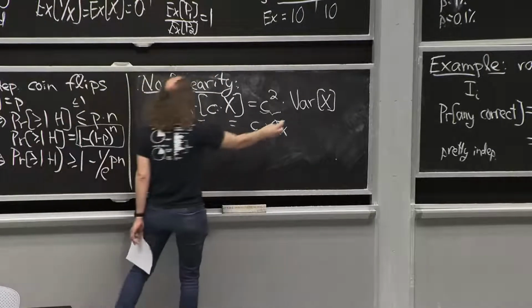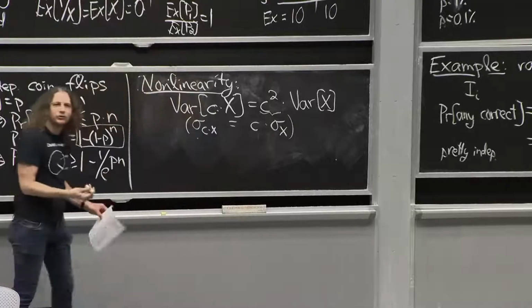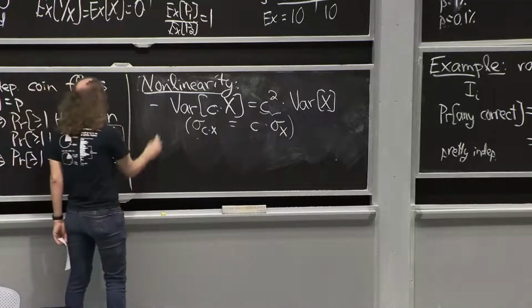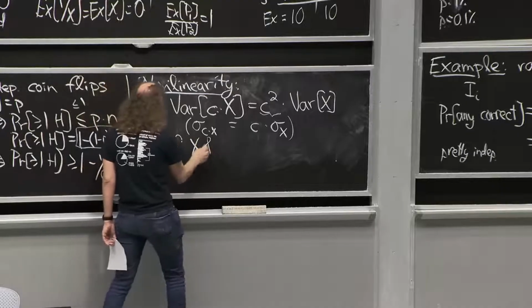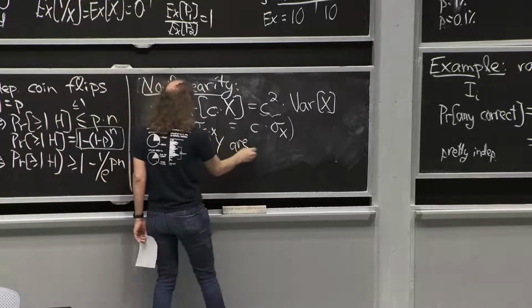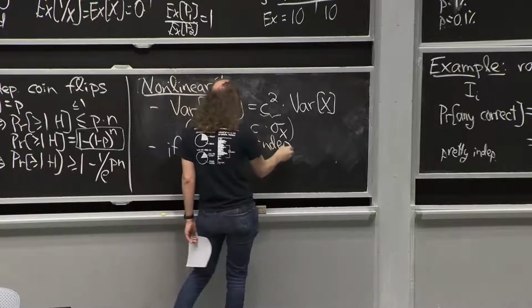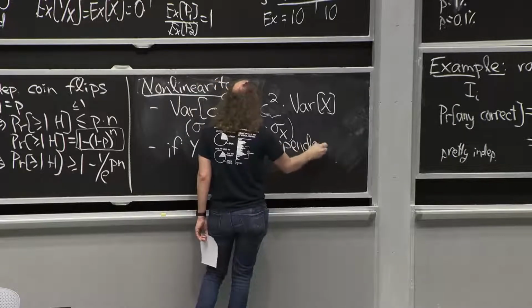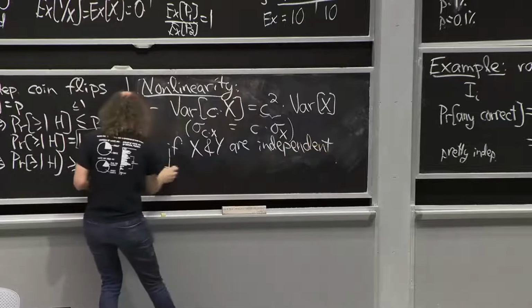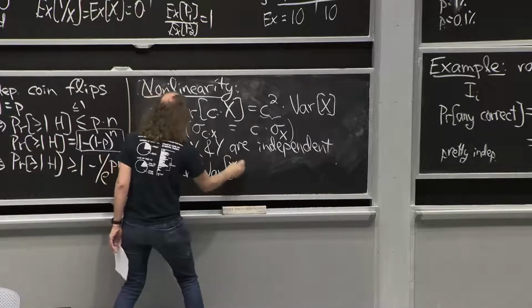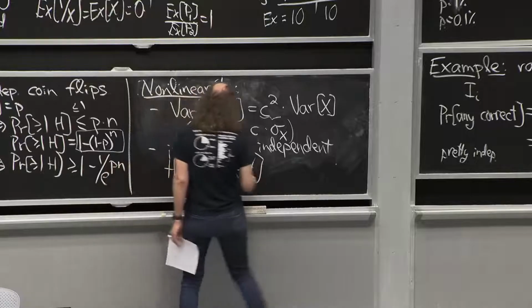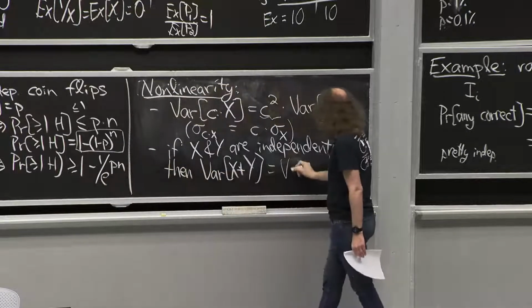OK, cool. But what if we add two random variables? Here, unfortunately, we need independence. So if x and y are independent random variables, then the variance of the sum is equal to the sum of the variances.